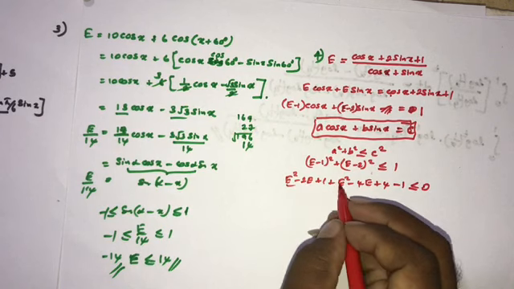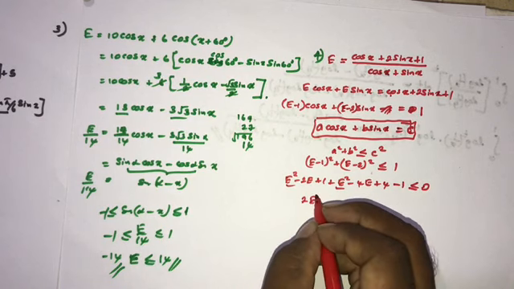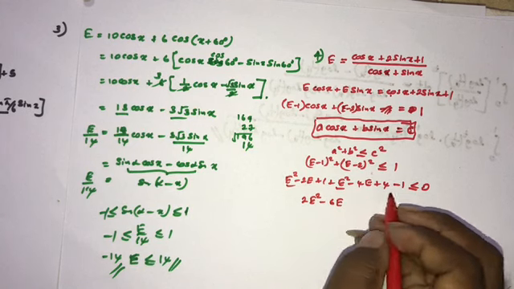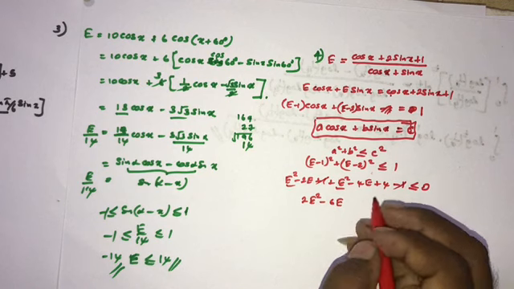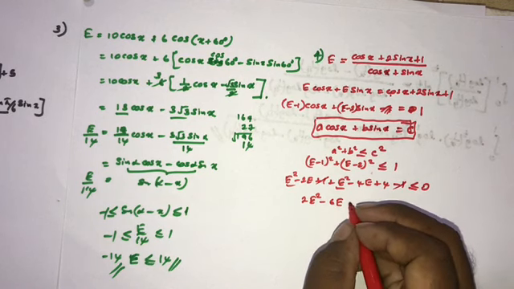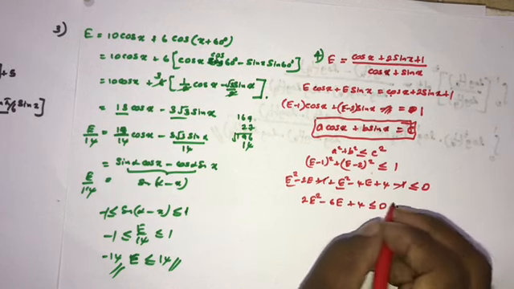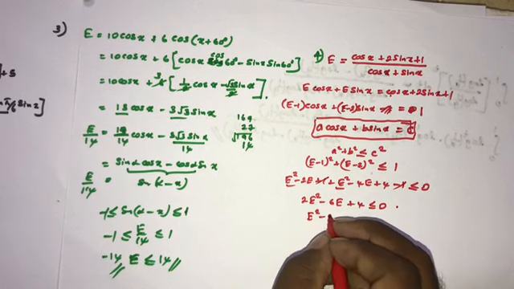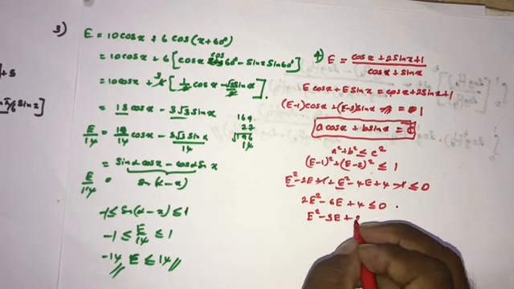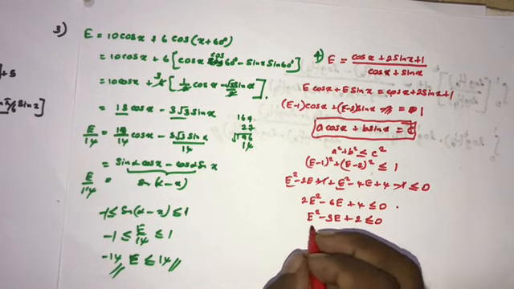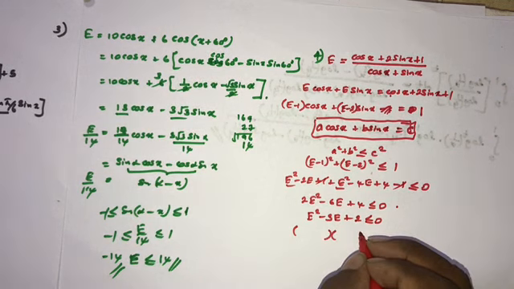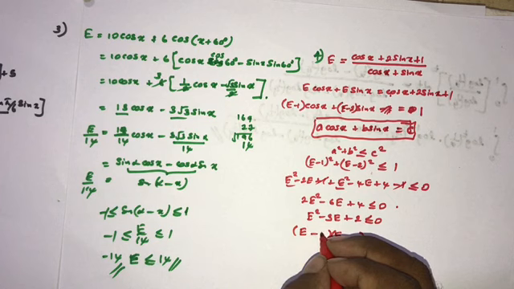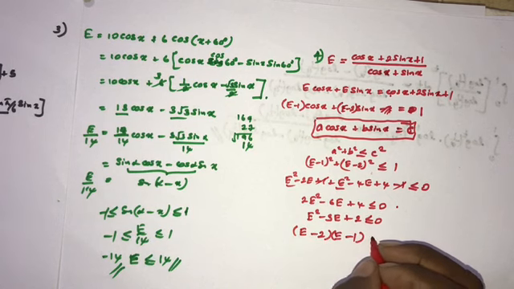Then 2 times E squared minus 6 times E, the minus 1 and plus 1 get cancelled, and here we have 4. Now we can divide by 2, so E squared minus 3 times E plus 2 is greater than or equal to 0. Now we can take factors, so E minus 2 and E minus 1.